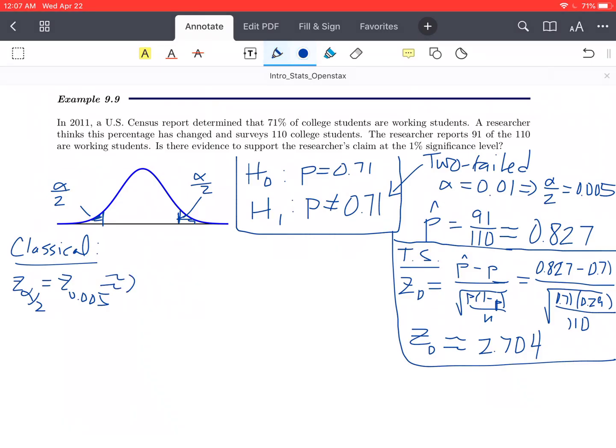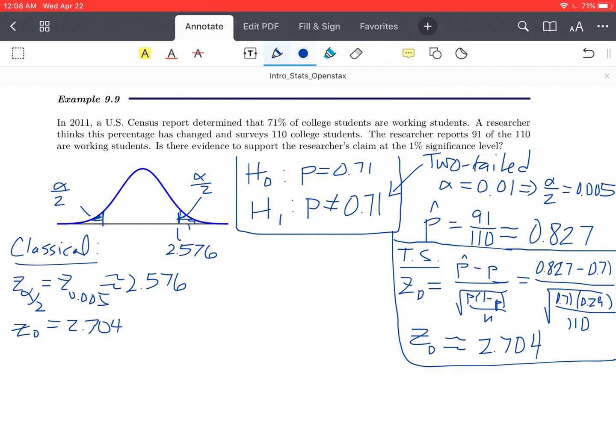So that's approximately 2.576. All right, so if we compare where this is, this value is 2.576. Our test statistic, z naught, is approximately 2.704.